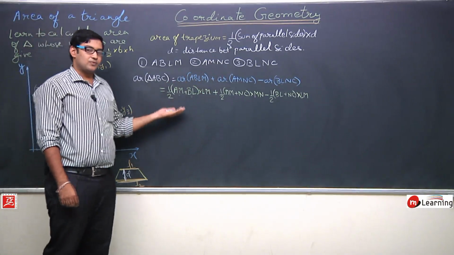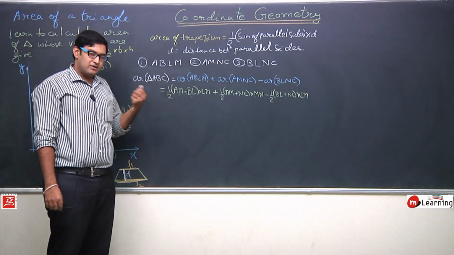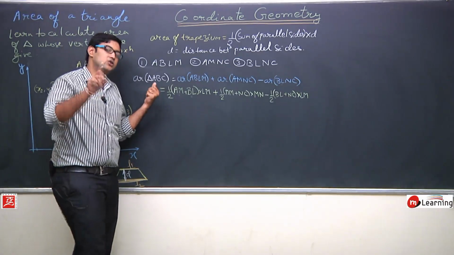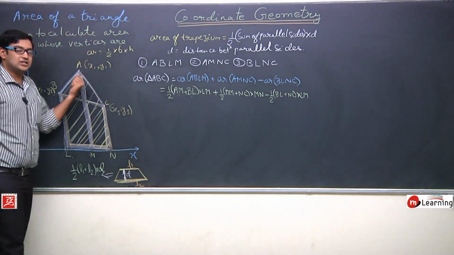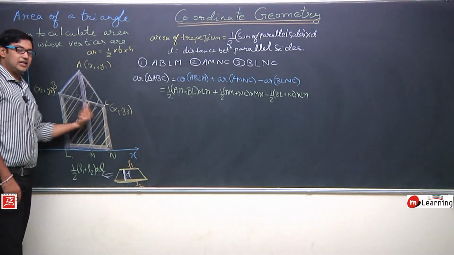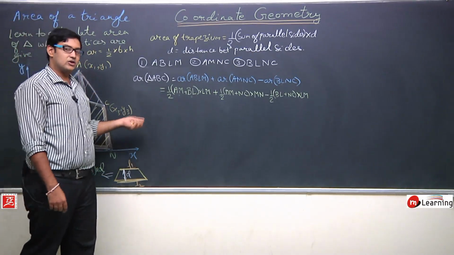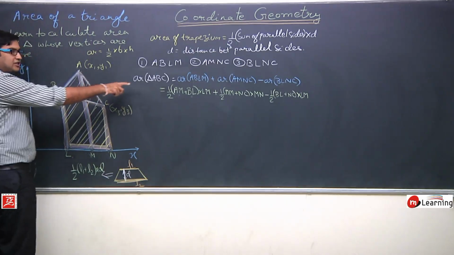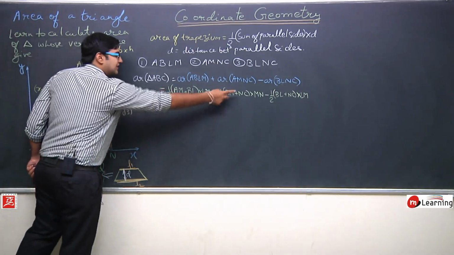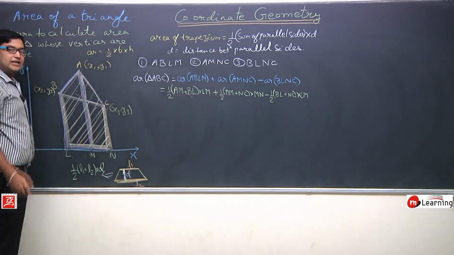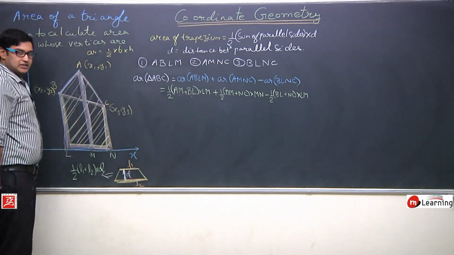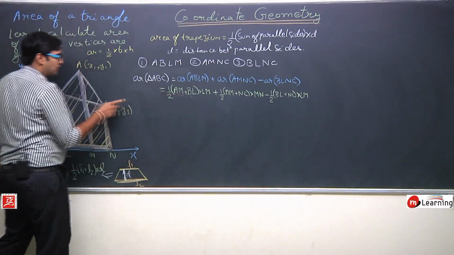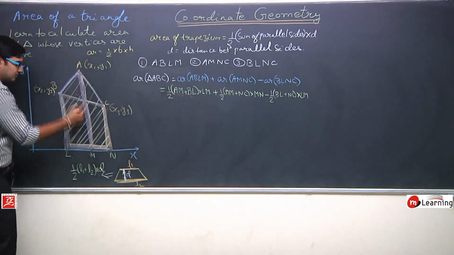Okay. Now, our aim, our target is ultimately to calculate the area of this triangle using the coordinates of these 3 points. So let's substitute the value of all these variables in terms of coordinates. How to substitute that? Half into AM. Now what is AM? AM is this length.